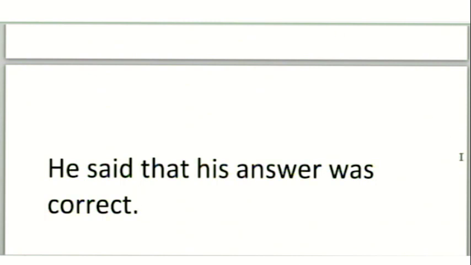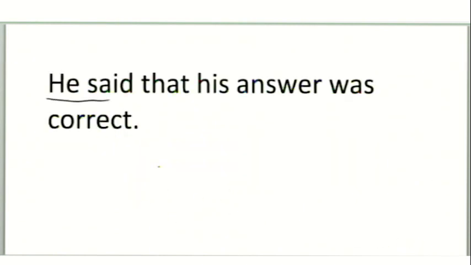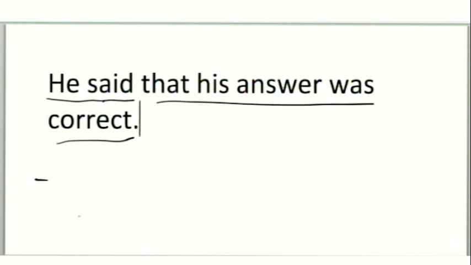He said that his answer was correct. He said something, and what is that something? That his answer was correct. Remember, you only need a subject and a verb to form a sentence. So, our main clause is he said.